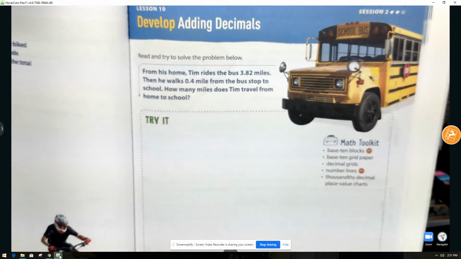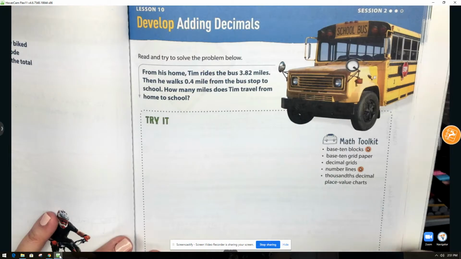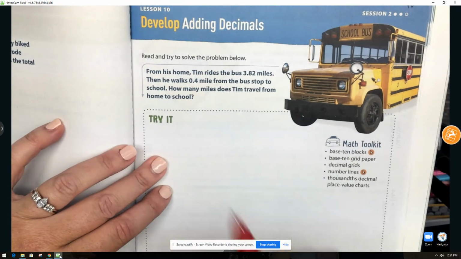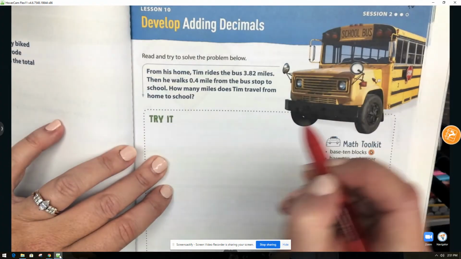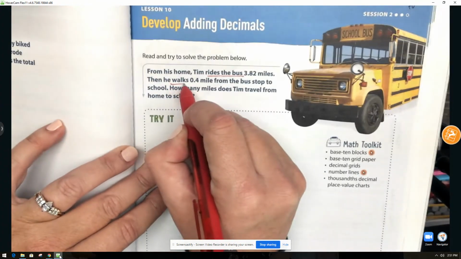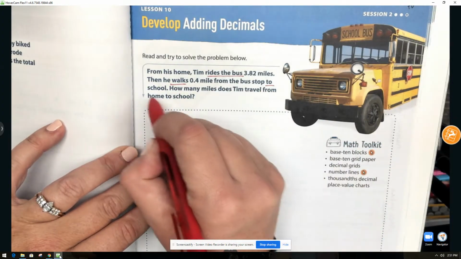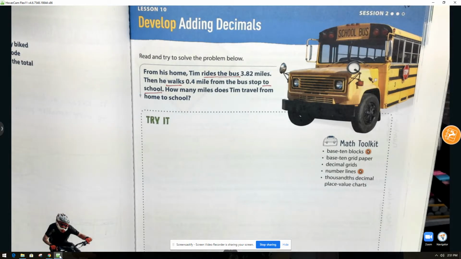So first we're going to figure out what is this problem talking about. This problem is talking about Tim, who rides the bus and then he walks and he's going to school. So this is Tim getting to school. That's what this problem is talking about. Now we want to know, what is it that we're trying to solve?